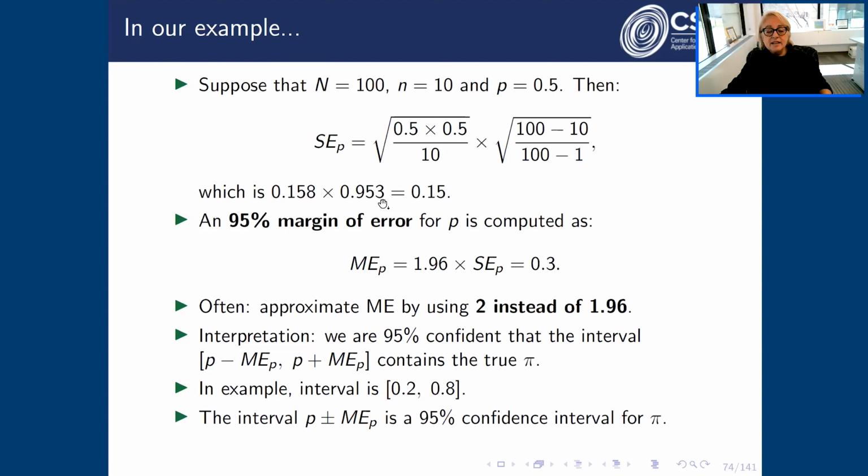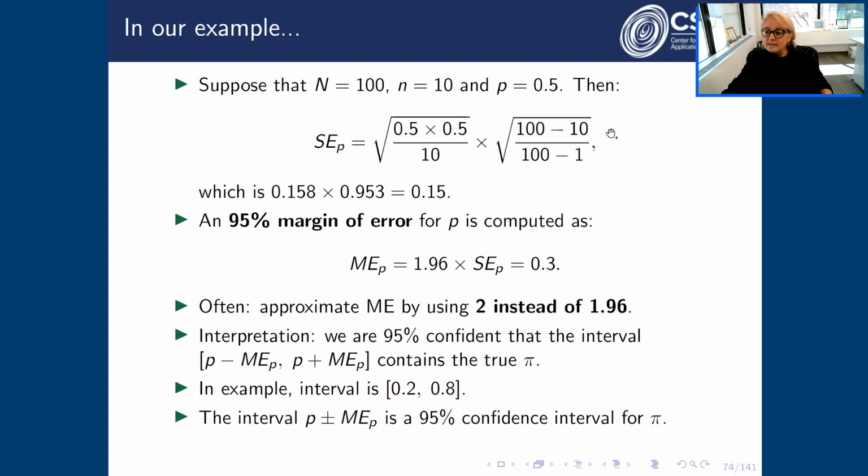So the standard error of the population proportion, when you have a finite population and are sampling without replacement, is the usual standard error, which in this case is 0.158, times this finite population correction. And so we're getting 0.15.